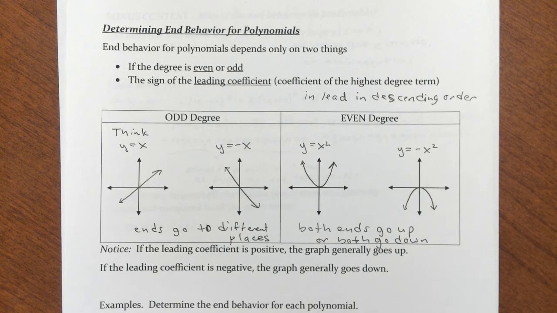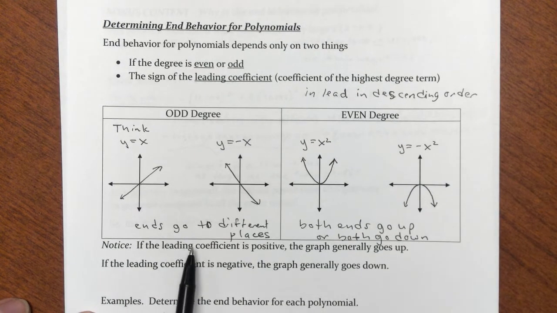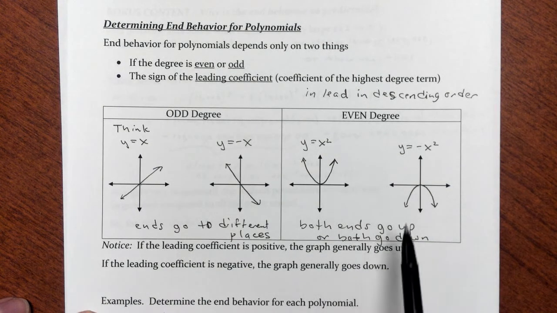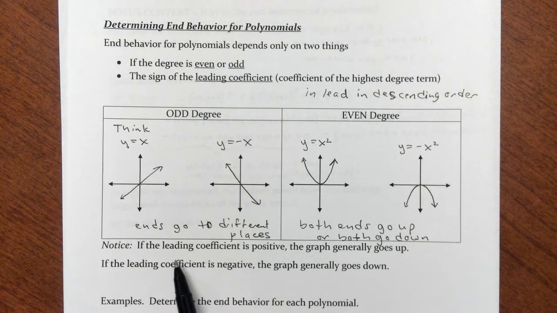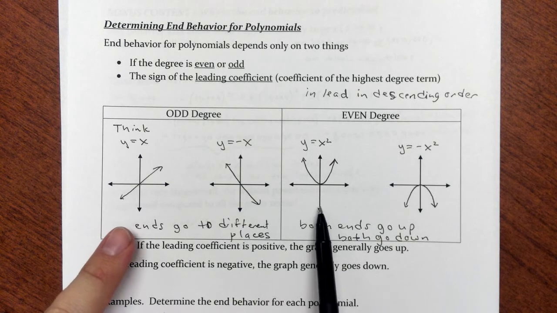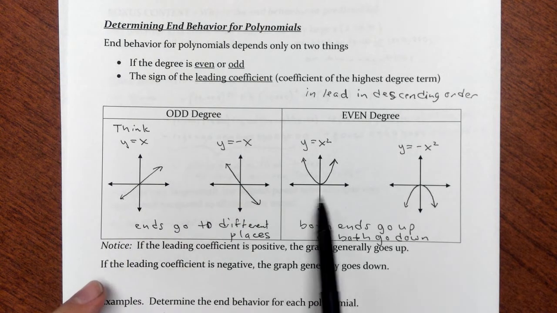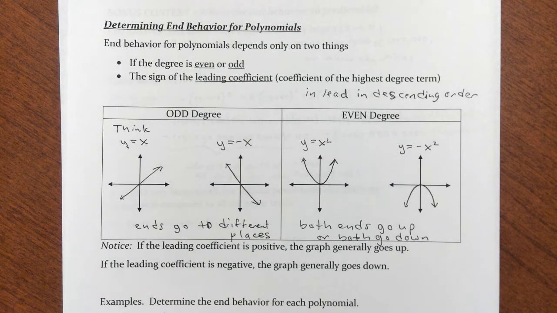at least as far as end behavior. So in addition to understanding that if it is odd, the ends go in opposite directions, and if it's even, they end up the same way, we also want to notice if the leading coefficient is positive, the graph generally goes up, whether that's going up from left to right or both ends going up. If the leading coefficient is negative, the graph generally goes down.